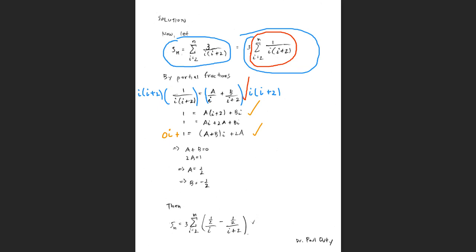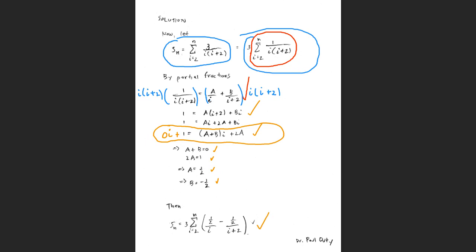Based on this equation, you have two variables, A and B, to solve for. A plus B has to equal 0, and 2A has to equal 1. And so A is a half, B is a negative half, and now you have your nth partial sum here.